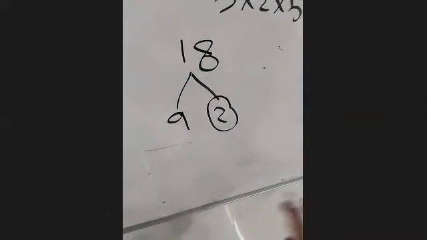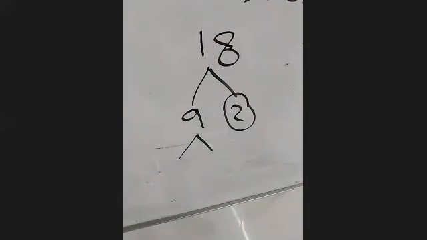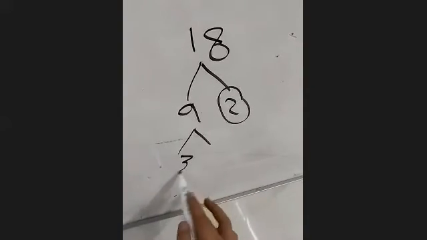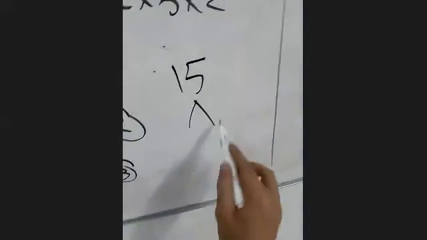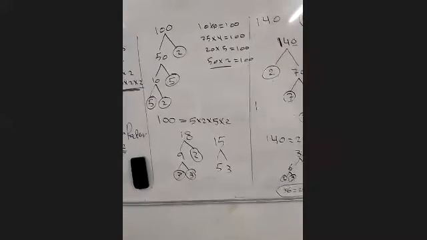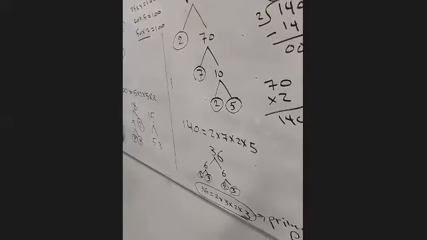We know that, but the 9 is odd. Can we do more for the 9? Yes, 3 by 3. So odd does not mean we cannot factor it, like the 15. 15 is odd, right? 5 by 3. It depends on the number itself. Thank you, teacher. Welcome.